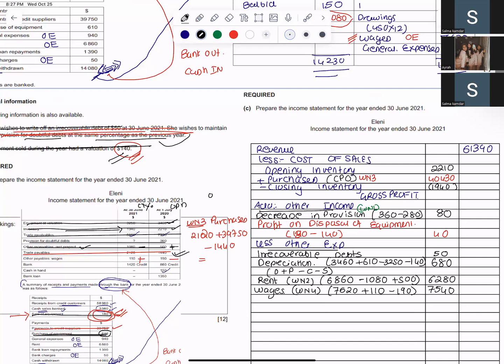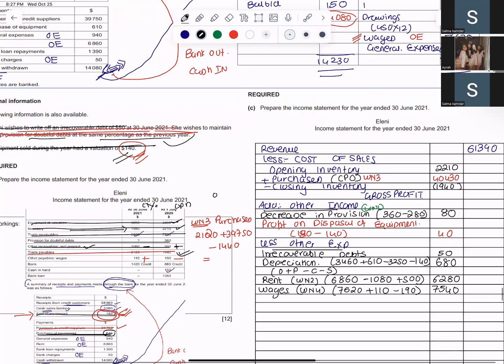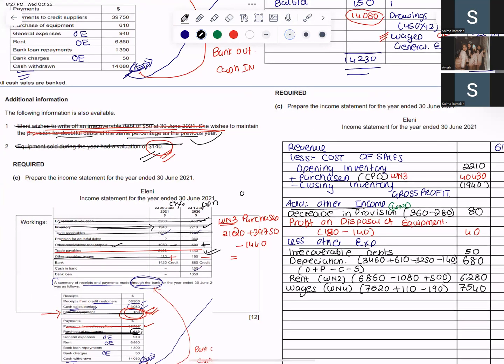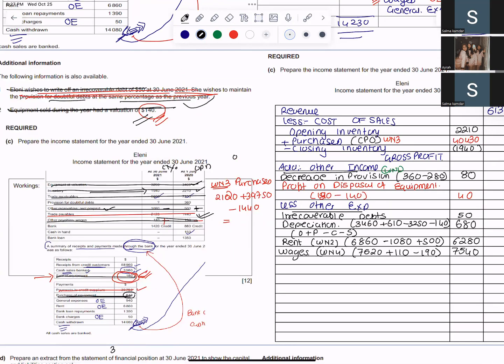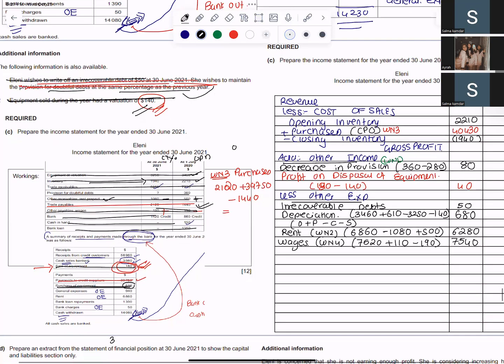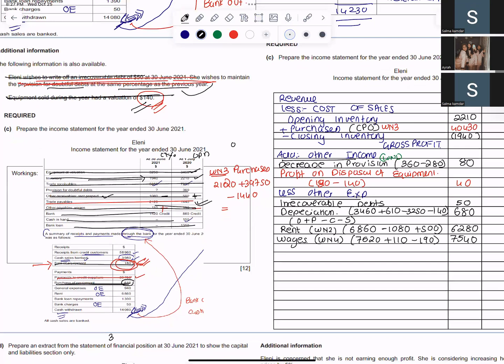If you see, I am striking off the things that I am clearing off. So that means I know that I have incorporated everything. Bank I don't need in the income statement. Cash in hand I don't need. Bank loan, right? So this entire thing is done.